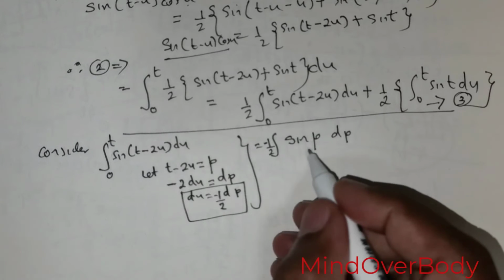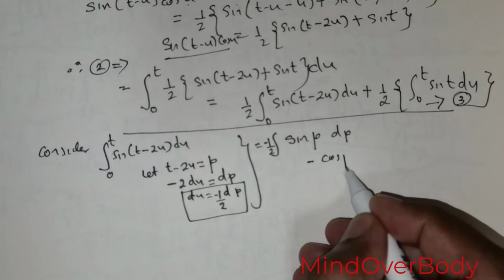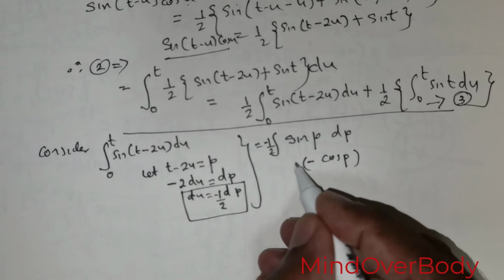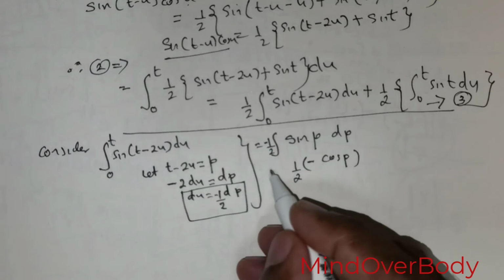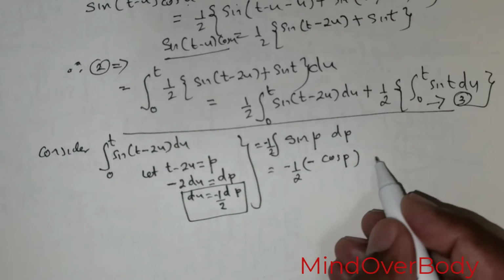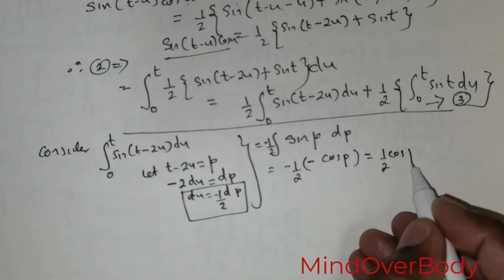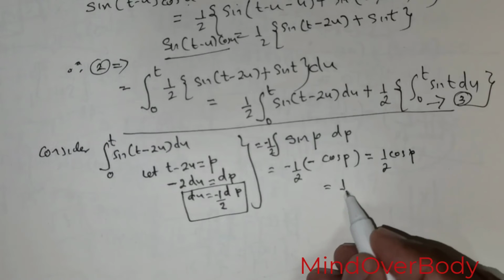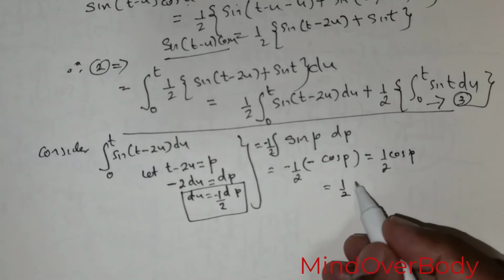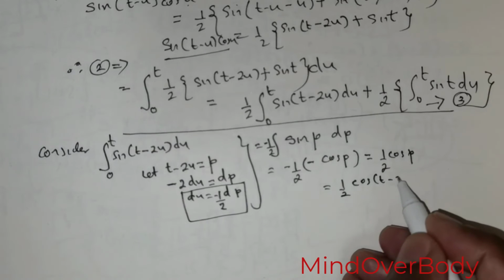Now if you were to integrate sine p, this is going to be negative cos p. Of course there is a 1 over 2 there, but there is a negative sign there, so place that. Now this can be rewritten as 1 over 2 cos p. But what is p? P is nothing but t negative 2u.